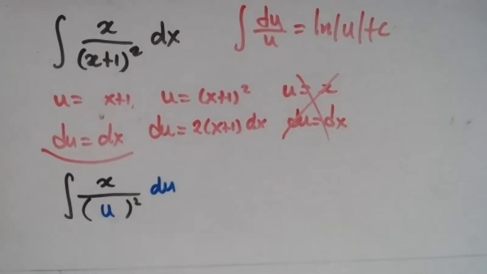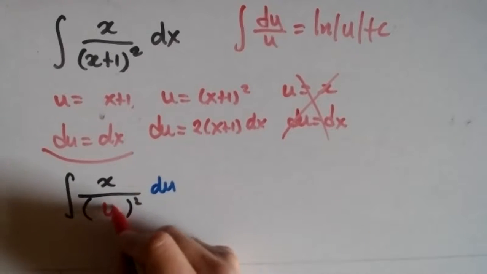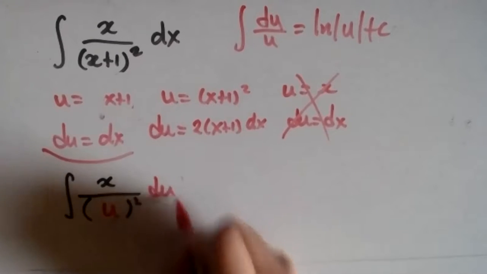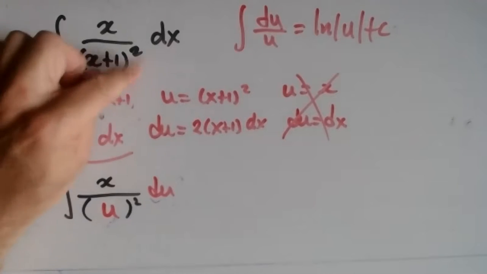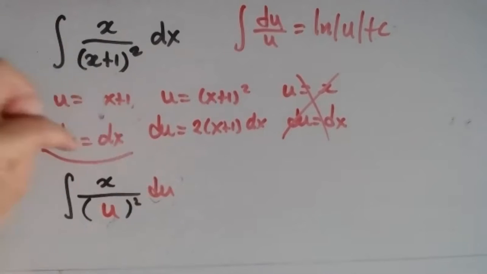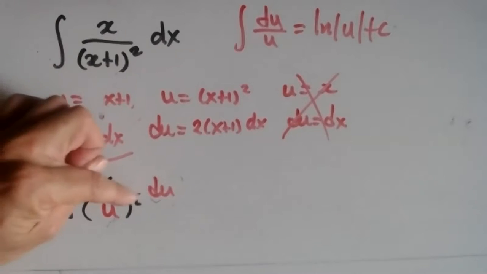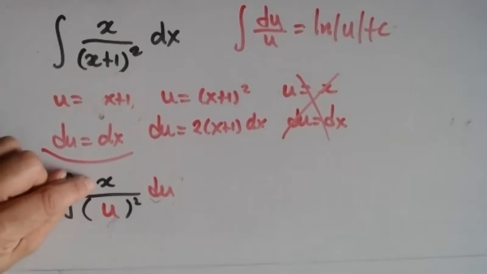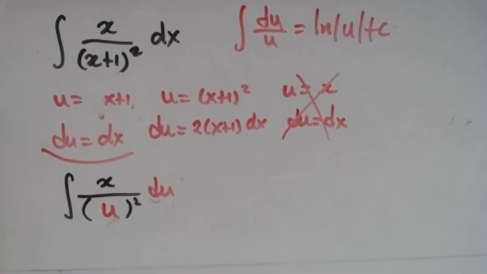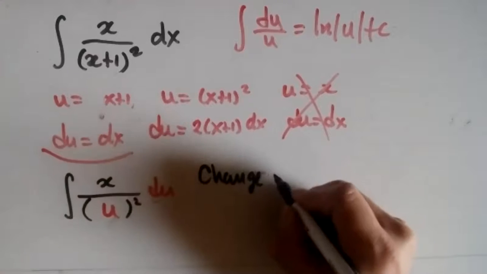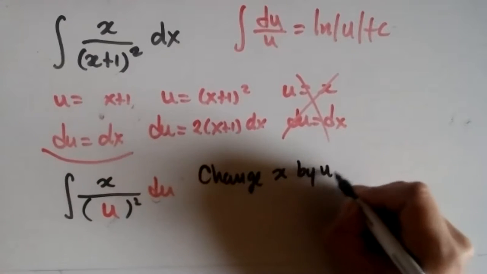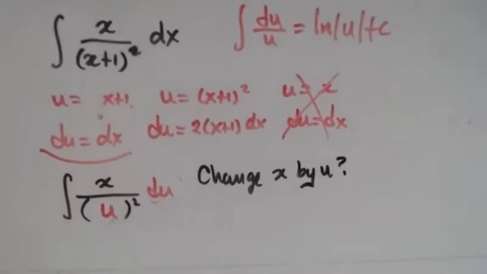So I'm using the first one: I change the dx by du, and change x plus 1 by u, and I have u squared. But my problem is that x is still there. How can I change the x by u? Is that possible?